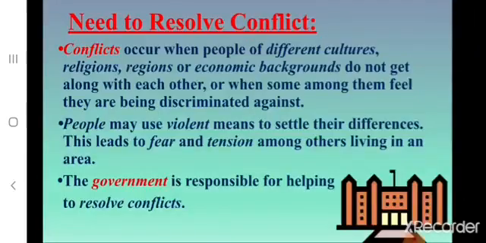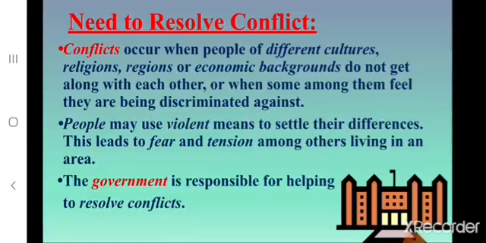Now let us learn the next topic, that is the need to resolve conflict. Children, in Maya stories you read about how conflicts can often lead to violence and death. Why? Because one group decides that it is all right to use force and to prevent the other group from protesting.